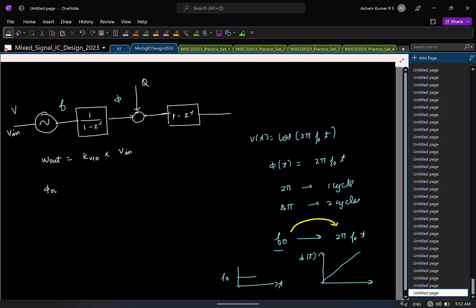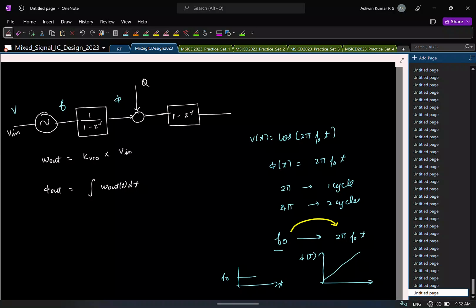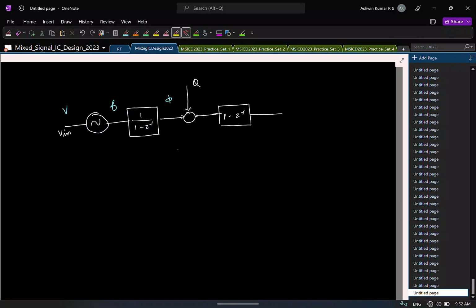And if I look at the phase, it is the integral of the frequency. So this is something interesting. So let's look at this. What I am saying is this: I will apply my input voltage to a VCO.